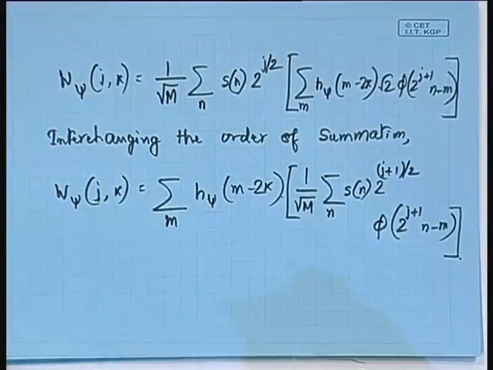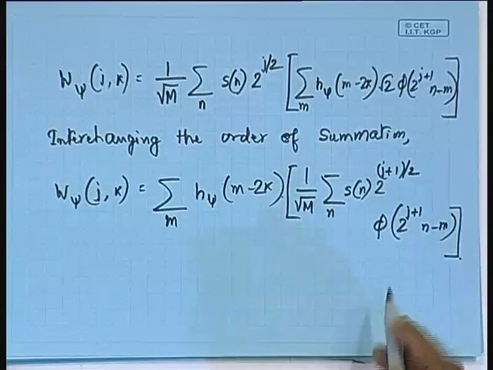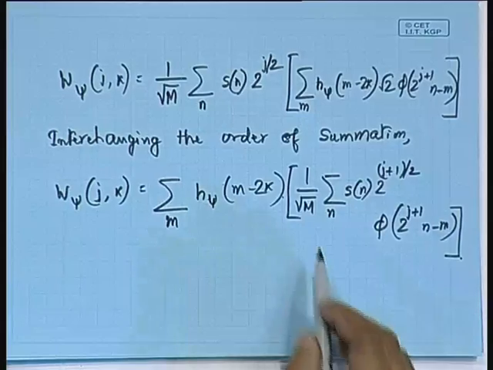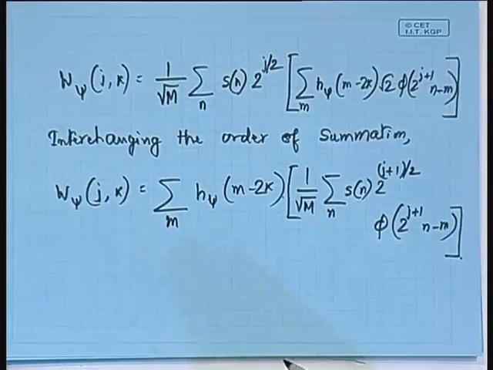Now, can you make out anything interesting out of this? The term that I have written within the square bracket is W phi j plus 1 m.